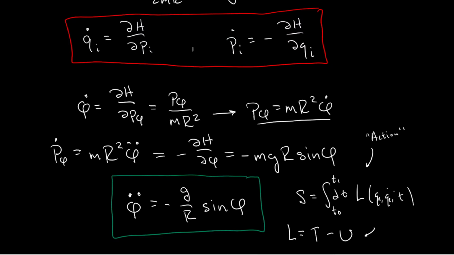You can use this formalism to get the correct answer, but Hamiltonian mechanics to me has a lot more physical motivation behind it, right? We're looking at the total energy of something, and we're just messing around with that total energy until we can do our physics in a coordinate-independent way.